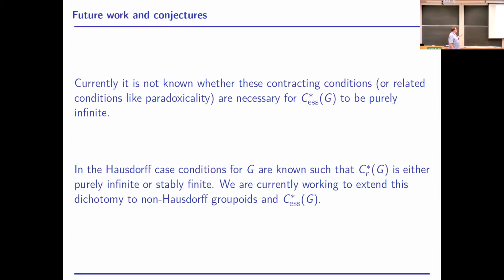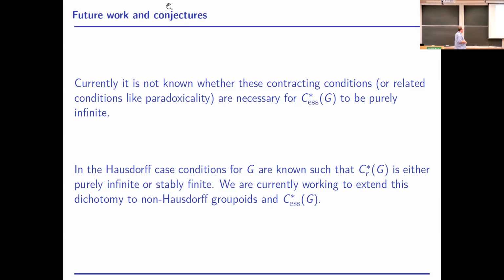So what I'd like to end on is what we're working on now. Currently it's not known whether these contracting conditions or related conditions like paradoxicality, or when a groupoid itself is purely infinite, which is a slightly different definition that implies the C-star algebra is purely infinite, are necessary for the essential C-star algebra or the reduced C-star algebra to be purely infinite.